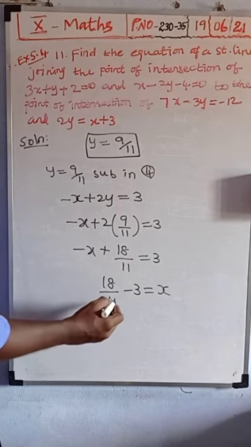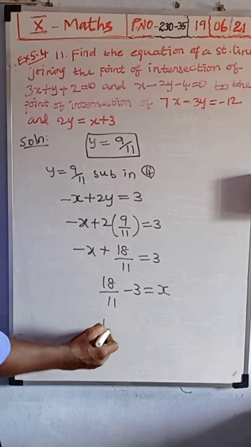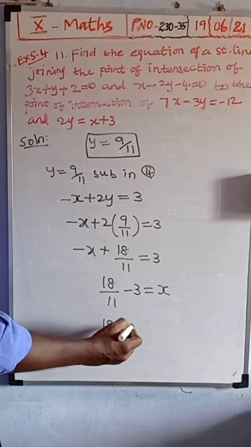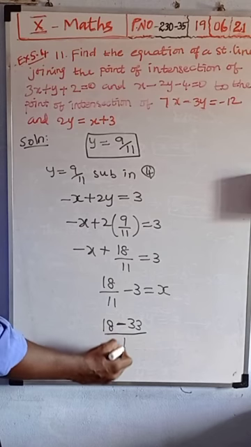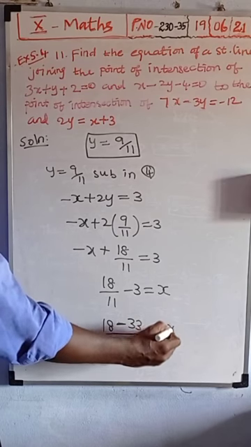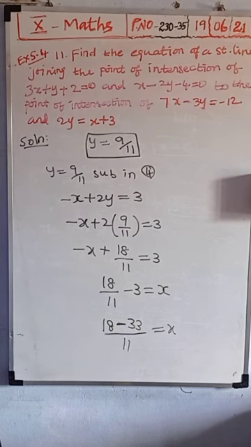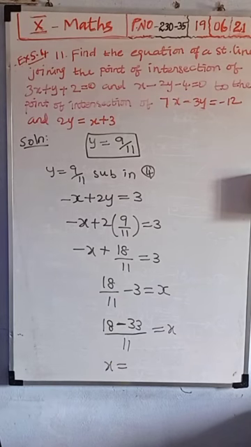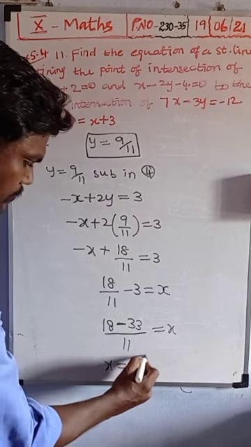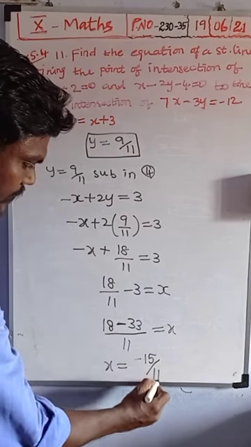Okay, now 11 you want to take as LCM, so 18 minus 11 3s are 33, whole divided by 11, this is equal to x. So now simplify, therefore x you will receive minus 15 by 11.